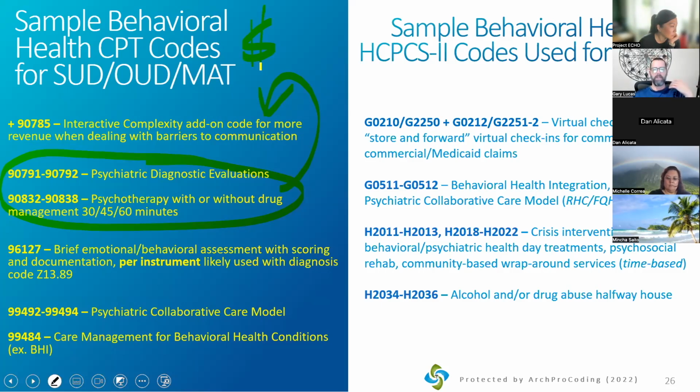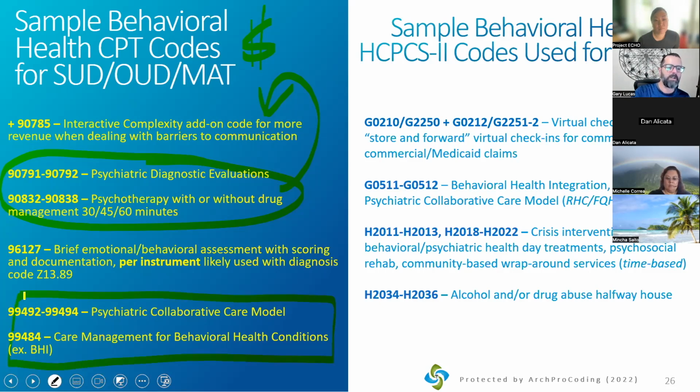But if you have a patient with dementia, or that you have to use a translator, the bottom line is 90785 is an option for providers when they have to use toys, dolls, physical aids, or interpreters, etc., to, quote, overcome barriers to communication. So we want you to be aware of all options there, including the ones on the bottom left.